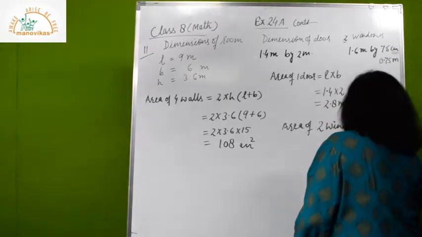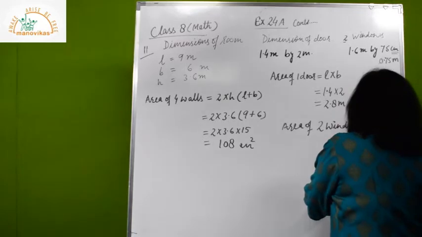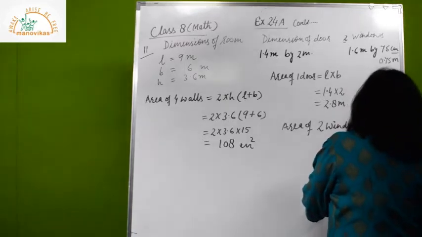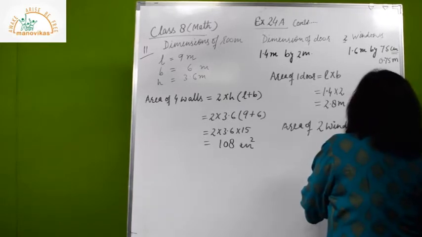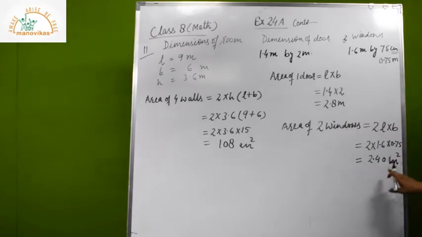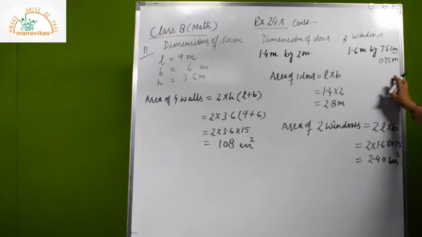Okay. Now here you multiply this, and this is meter square. When you multiply this, you will get 2.4 meter square. This is the area of two windows.